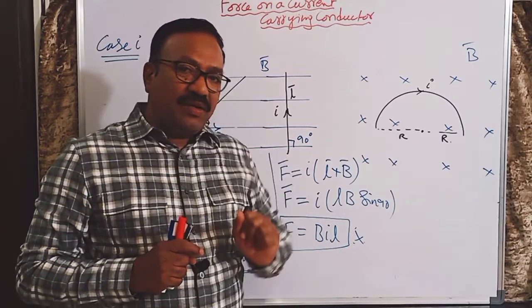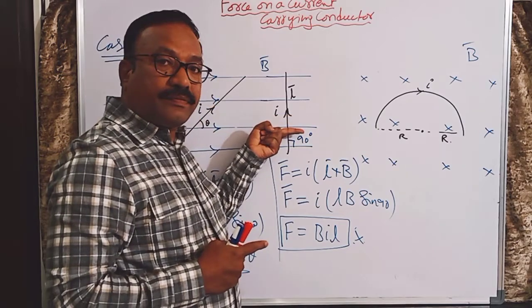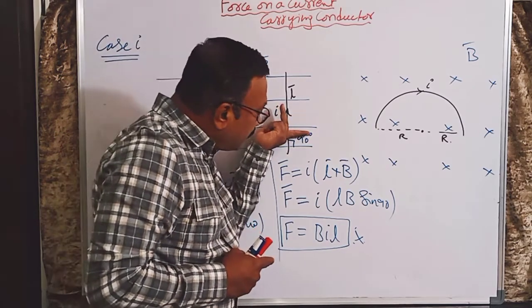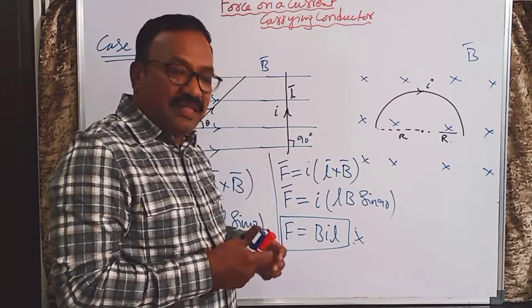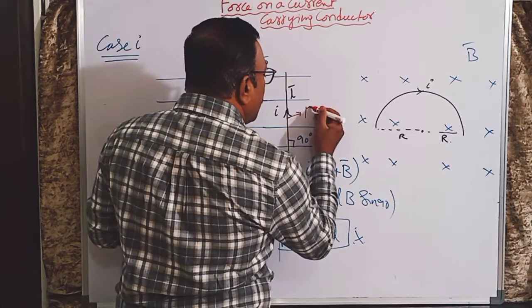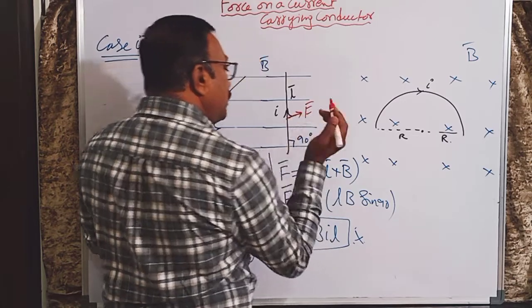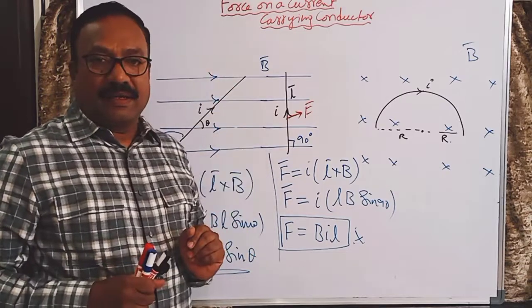This conventional current is the flow of positive charge only. Then I'll get the direction of force. So match this with the magnetic field, match this with the current, then you will get the force. The force is inward. So the force is acting into the board for this current carrying conductor.